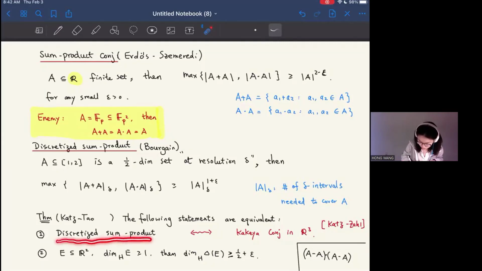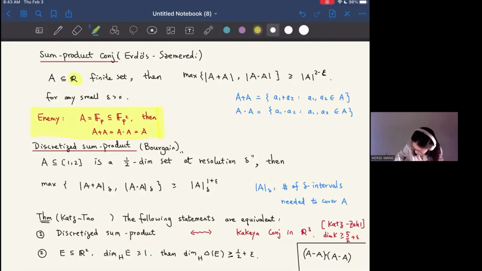So this theorem is also related to the Kakeya conjecture in R3. The bound they proved is that the dimension of the Kakeya set is greater than 5/2 plus epsilon, and the two epsilons are related.